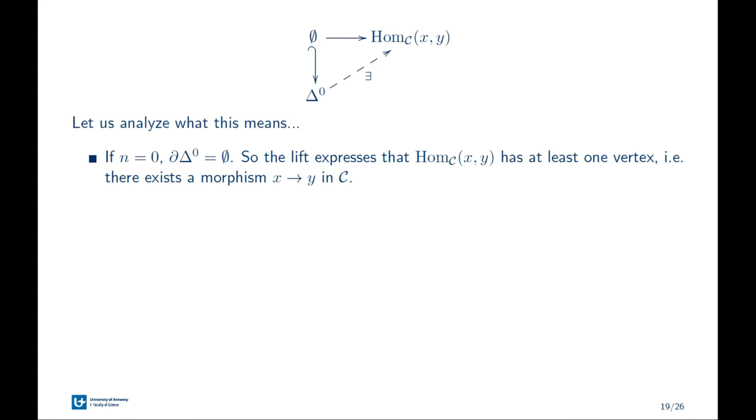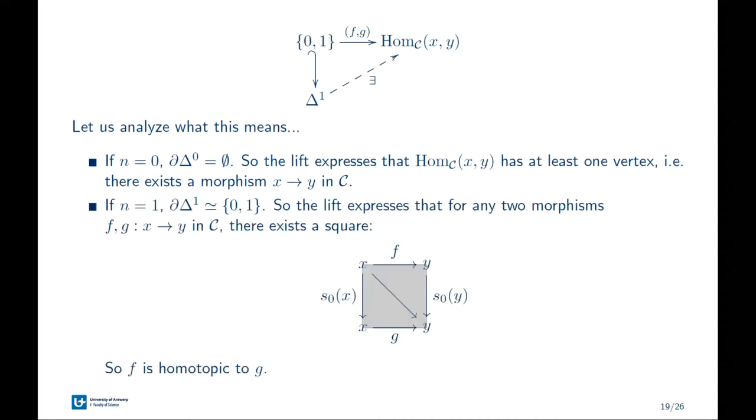So in this case, this map just picks out one single vertex of my space. So saying that this map exists just says that there exists one vertex of my space, or in other words, there exists at least one morphism going from x to y, because the vertices of the space were precisely the morphisms from x to y. So this first case, n equals 0, just says we have existence, we have a map going from x to y.